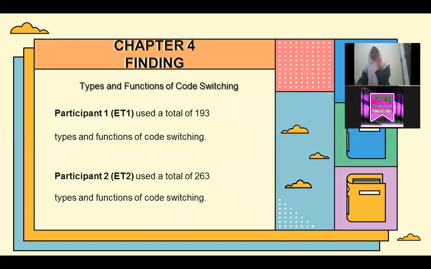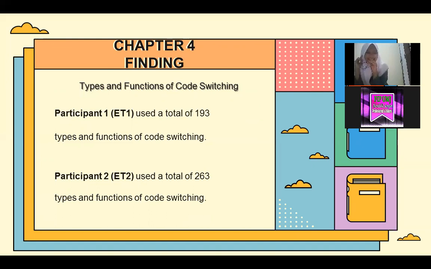Okay. Your finding here is a total of 193 types and functions of code switching. Really? This much? 193 types and functions of code switching, each or in total? Sorry, Mister, can you repeat it?